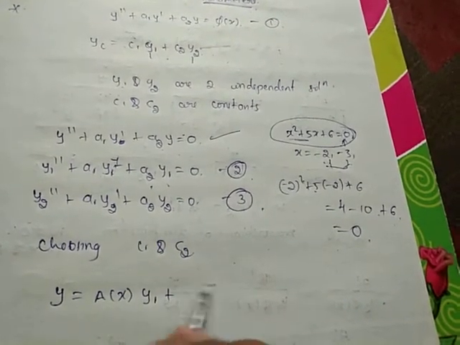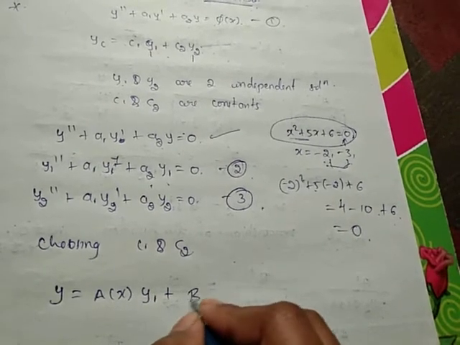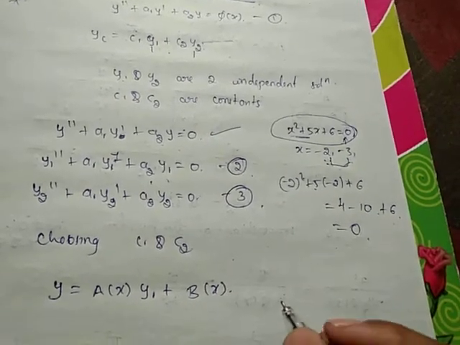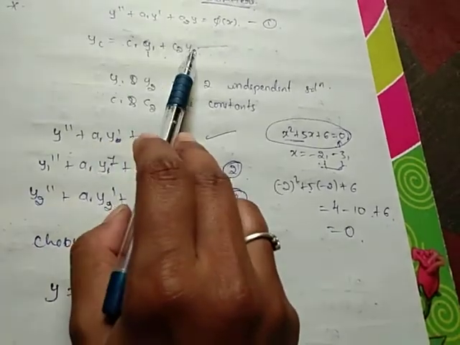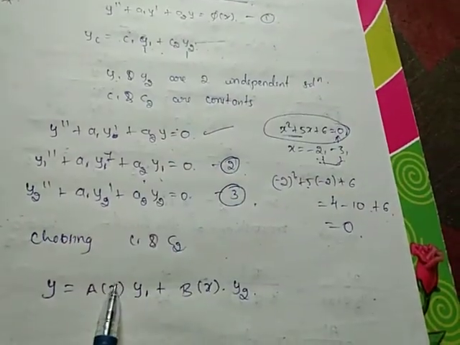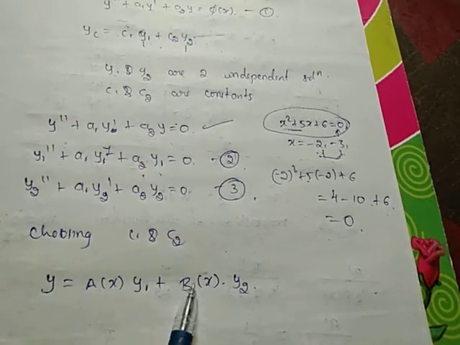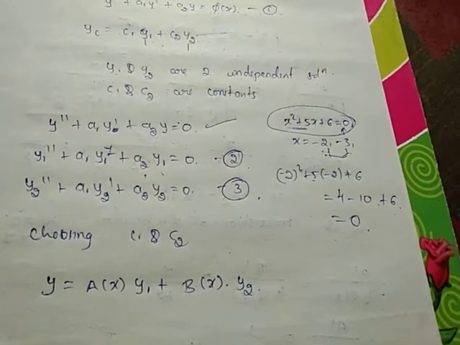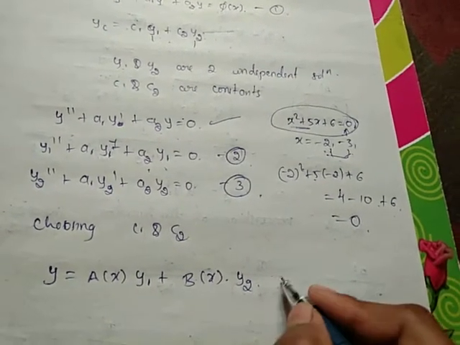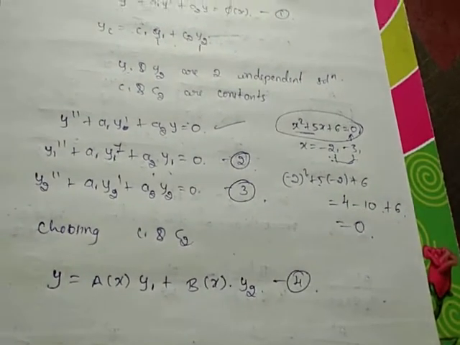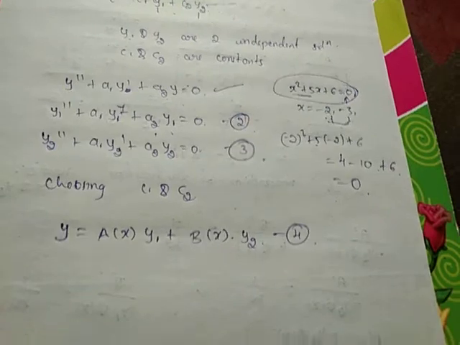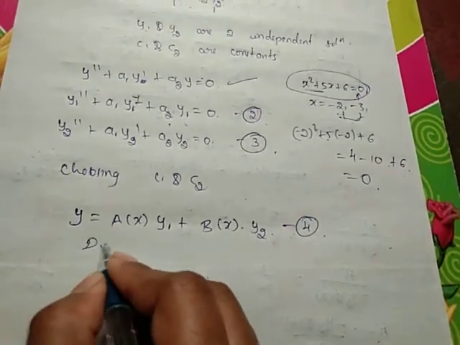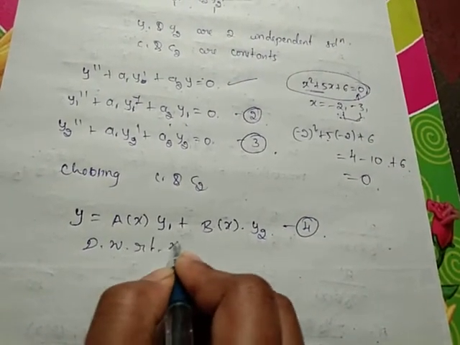In general we don't know that, but notated by a and b as functions of x, replacing C1 and C2 by the functions a and b. Those are functions of x. By replacing C1 and C2, and to derive these a and b, we are moving to the derivations. So differentiate this equation with respect to x.